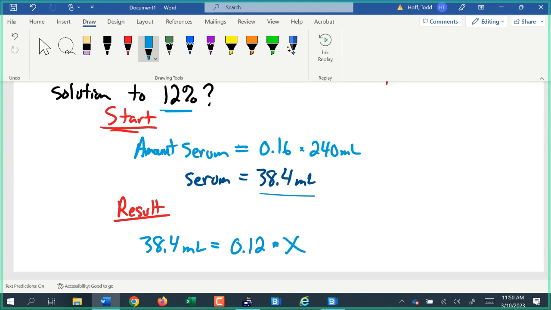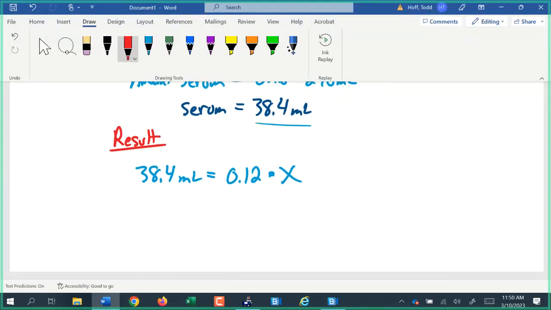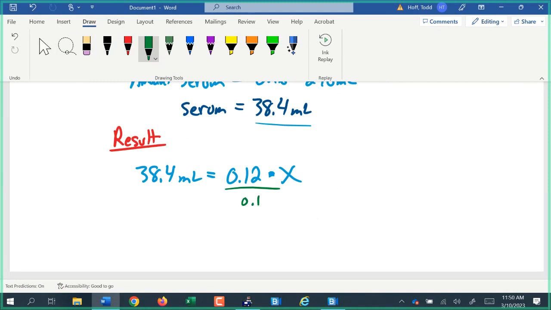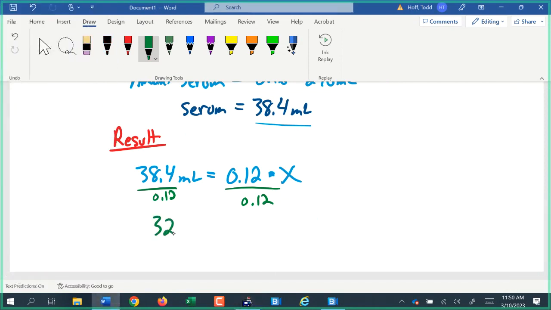We need to know what that new amount is going to be. So here, we solve for X by dividing by 0.12. 38.4 divided by 0.12 gives us 320. So this is 320 milliliters that we'll have of total solution.